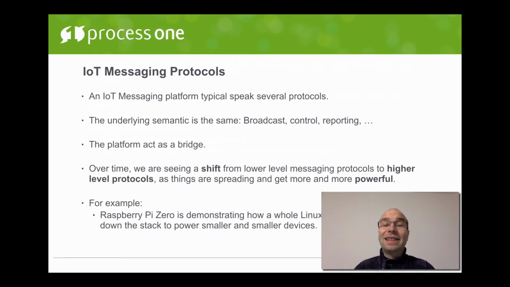It can even act as a gateway between a lower level protocol like Zigbee, for example, and convert it to a higher level protocol for broader use over the internet. Zigbee is not internet, it is short range communication, and it needs to be converted into some sort of internet messaging protocol for things.